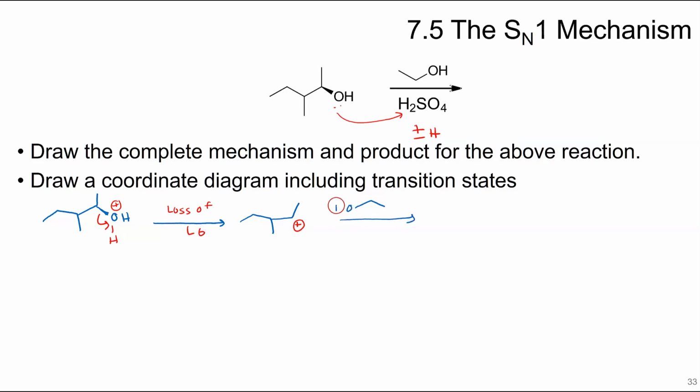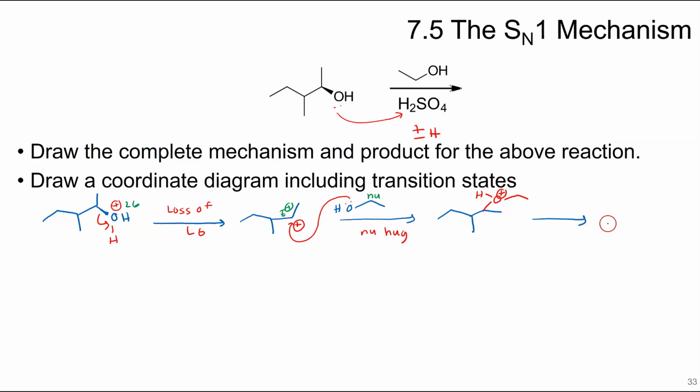So ethanol is our nucleophile. Electrophile. This is our leaving group. So the nucleophile is going to hug the electrophile. So everything comes along. Oxygen has positive charge. This is a nucleophilic hug.